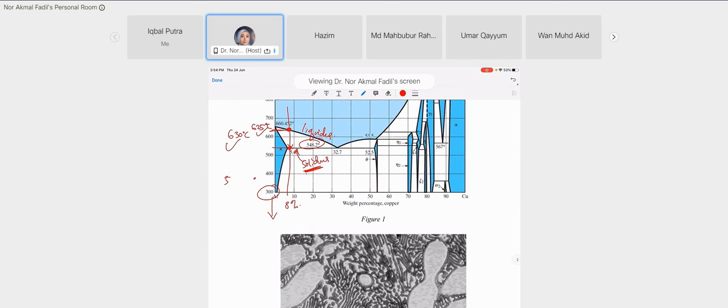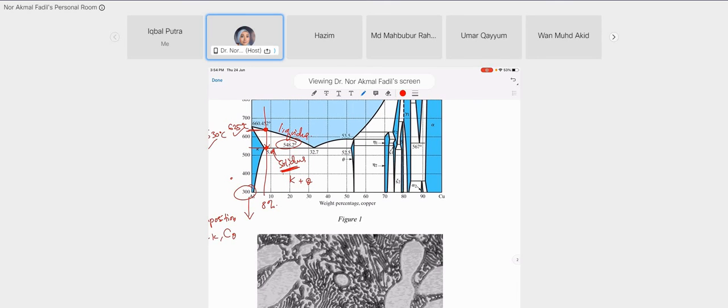So what are the phases? The phases present are K plus theta. So what is the composition? It is CK and C theta. At room temperature, let's say this is room temperature, similar to 300.